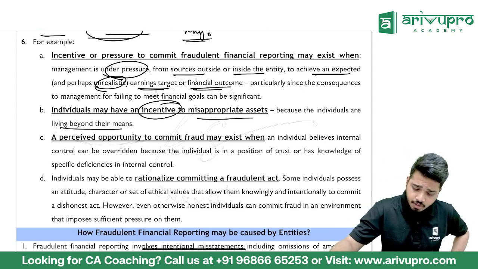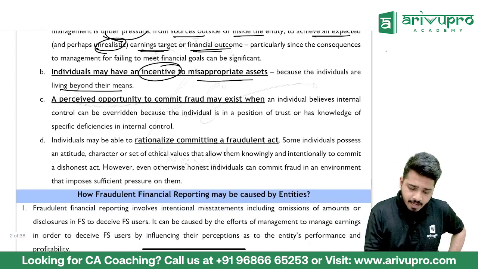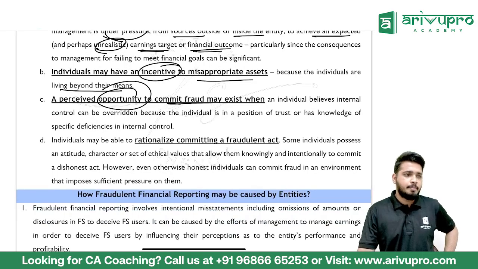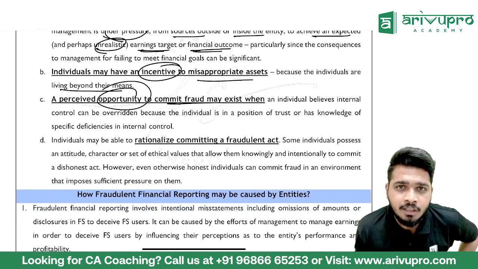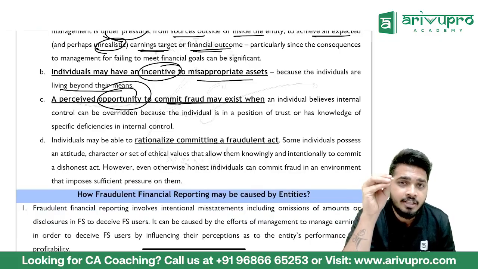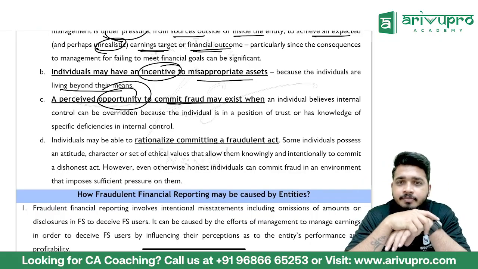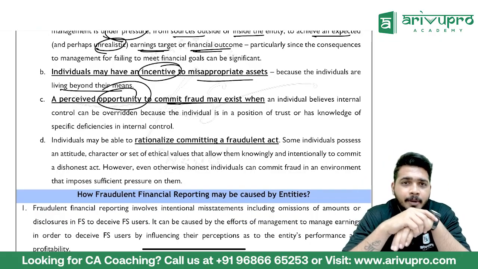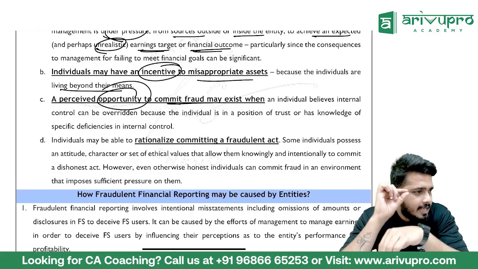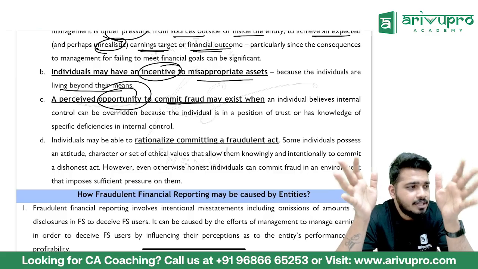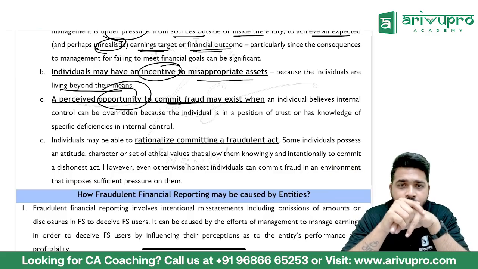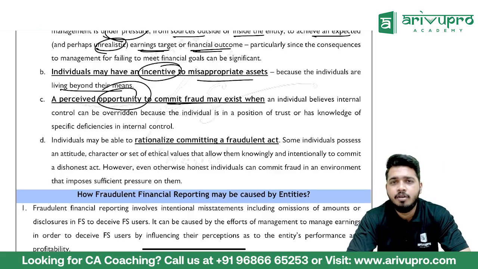Clear? Individuals. Sir, you may have an opportunity to commit fraud. What is opportunity? Imagine you know where your father has kept bundles of cash. Is that an opportunity for you to flick money? You know where exactly it is. You know the locker key, everything you know.